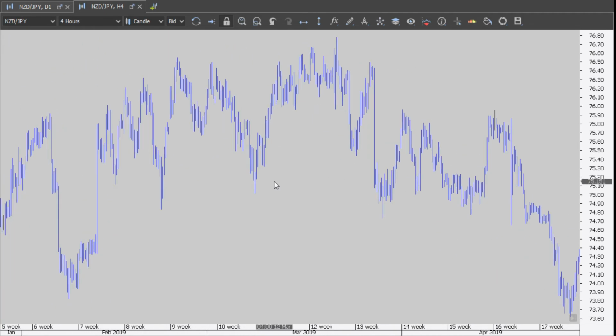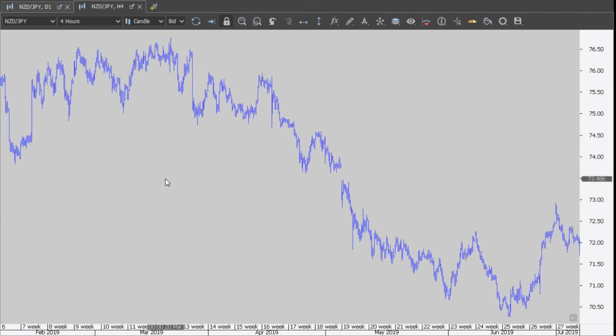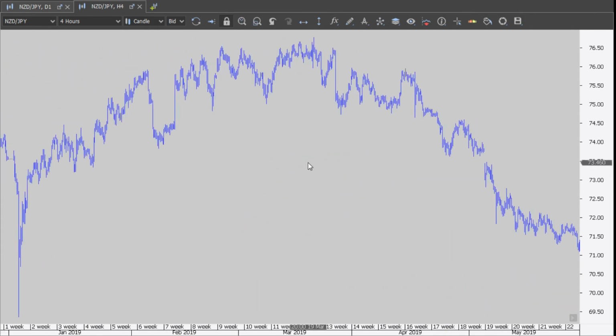And we are trying to spatially identify the market wave, right? So on the smaller scale, this was the uptrend.